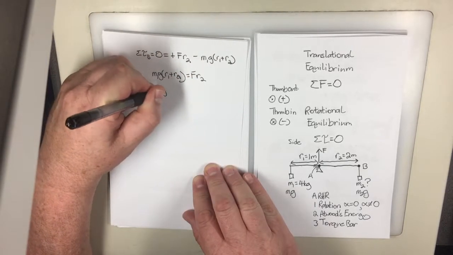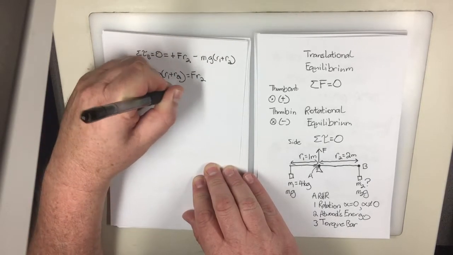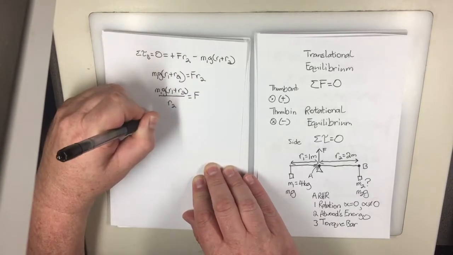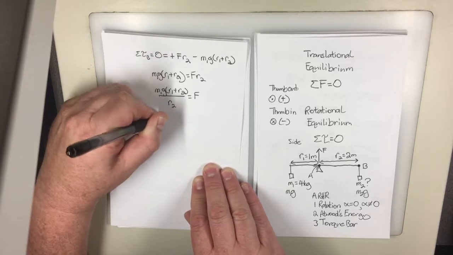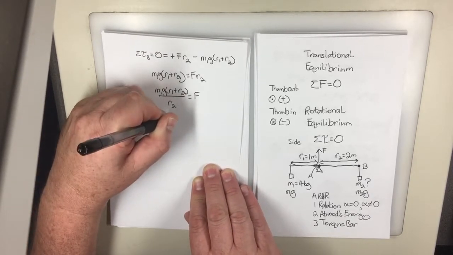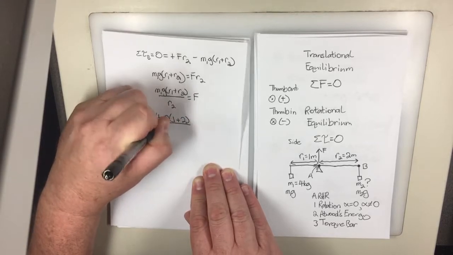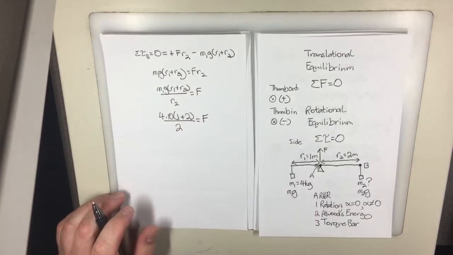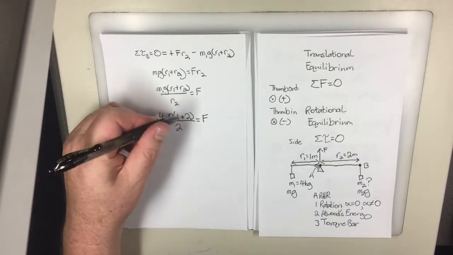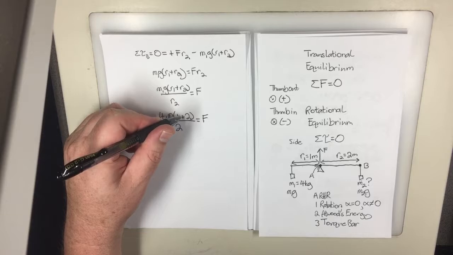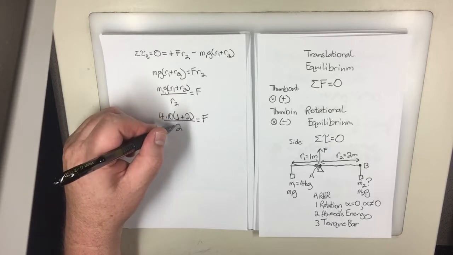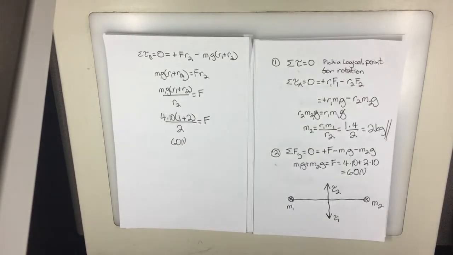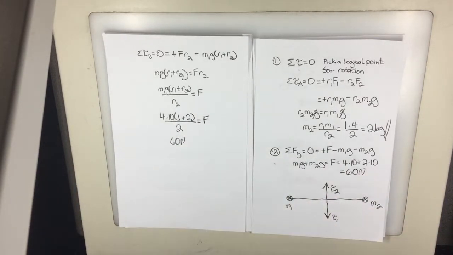So M1 G, R1 plus R2, over R2 is equal to F. So M1 is 4, G is 10, R1 is 1, R2 is 2, over R2, which is 2, and that is equal to F. 40 times 3 is 120. 120 divided by 2 is 60. And so they match.